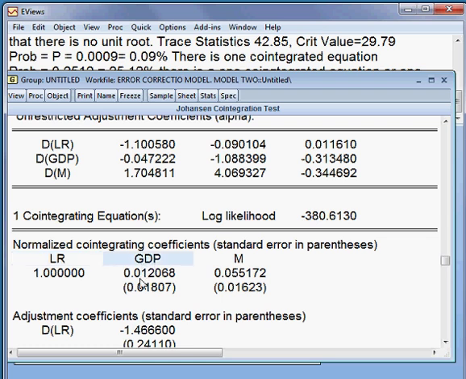And when the GDP goes down, the economy is not good, so the lending rate also goes down. So the sign of the coefficient should be positive, and it is positive here. So we are happy about this model.